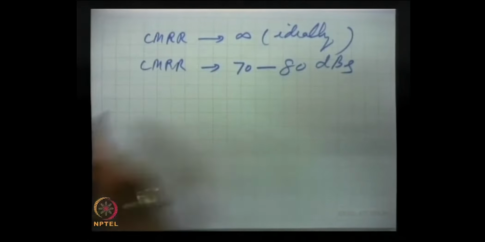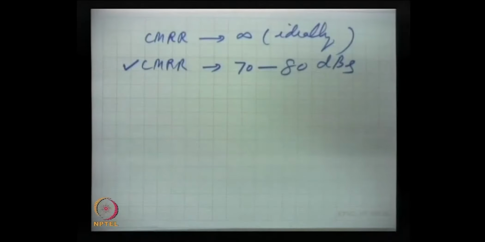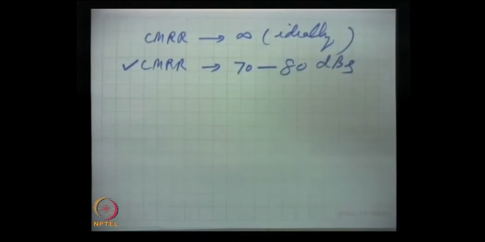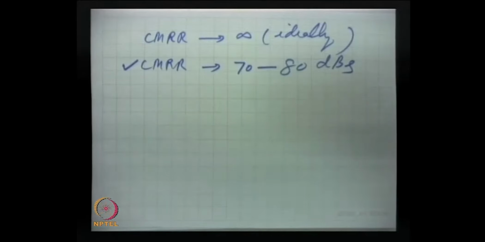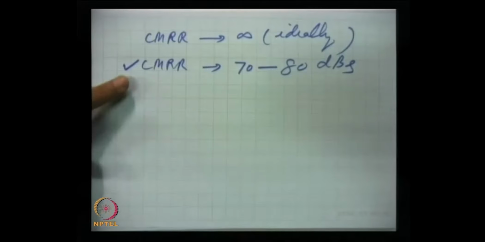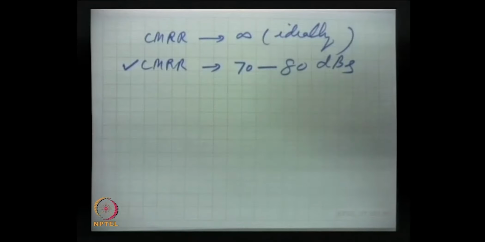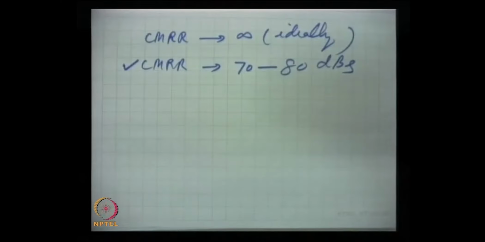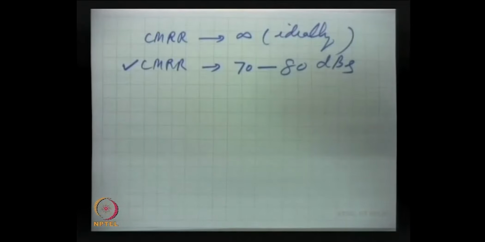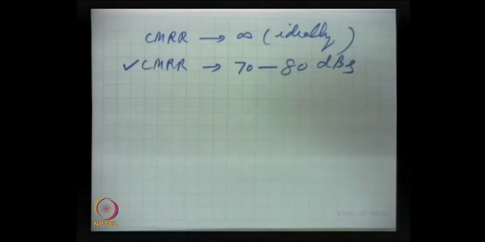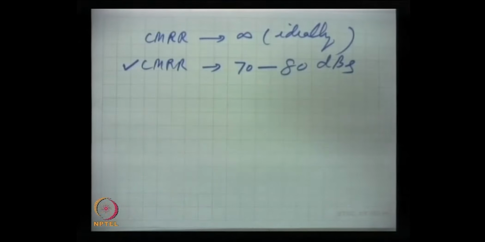The higher the CMRR, the better it is, and practically this goes up to 80, 85, 90 dBs, which is a very high value. So, this way we have done with the differential amplifier.